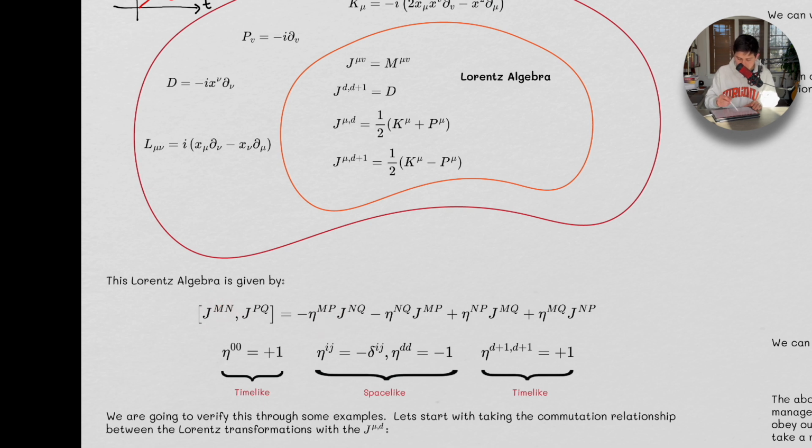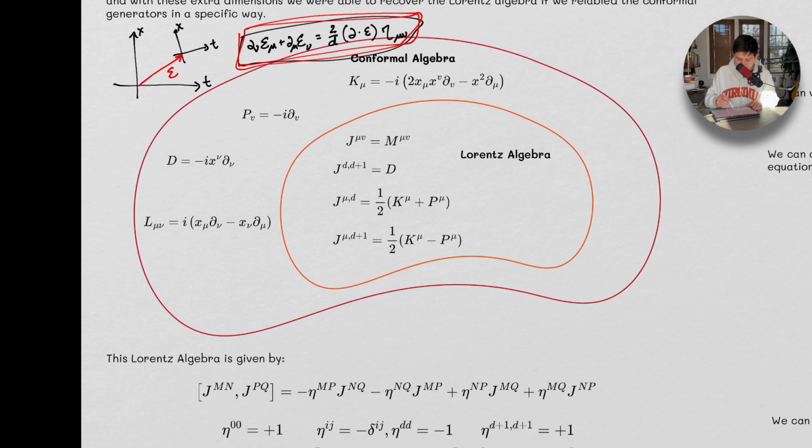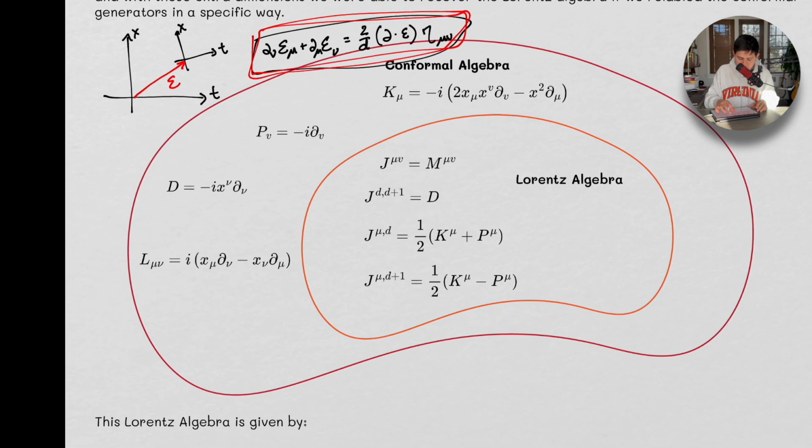So our generators here obey Lorentz algebra when they're packaged in this way. And you can sort of make sense of this almost intuitively, maybe at least a little bit, by saying, okay, well, this thing has two indices, this thing has zero indices. So we'll say, okay, this guy, two indices here, two indices here, but zero here.